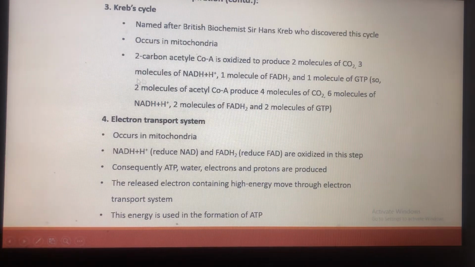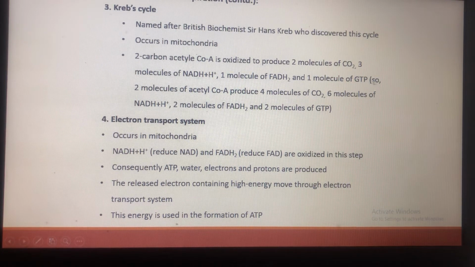Next stage is the Krebs cycle, which is named after the British biochemist Sir Hans Krebs, who actually discovered this cycle. Our first two stages occurred in the cytoplasm, but the third stage, Krebs cycle, occurs in mitochondria. Here, the two carbon acetyl-CoA produced during the previous stage is oxidized, and as a result, two molecules of carbon dioxide, three molecules of NADH plus H plus, one molecule of FADH2 and lastly one molecule of GTP are produced.